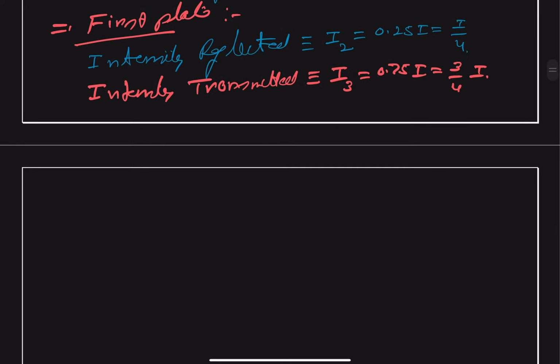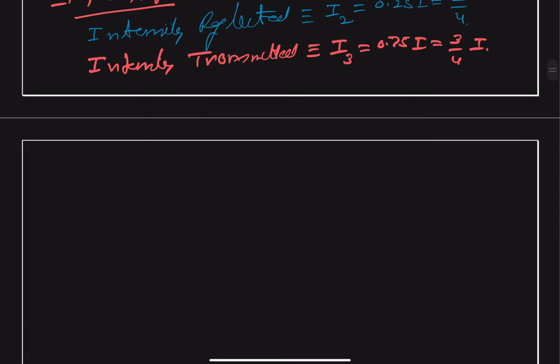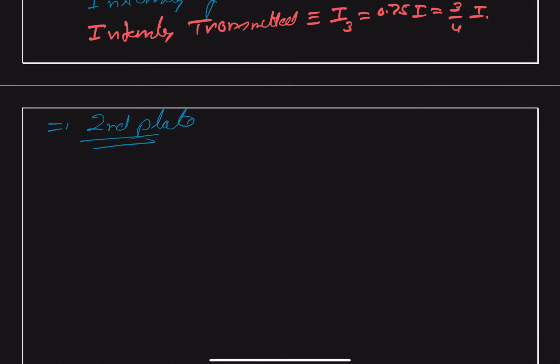Now we come to the second plate. For the second plate, the intensity reflected, let us call that I4, will be 25% of I3.